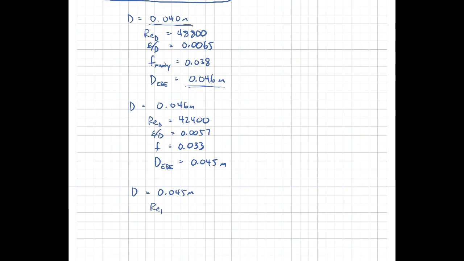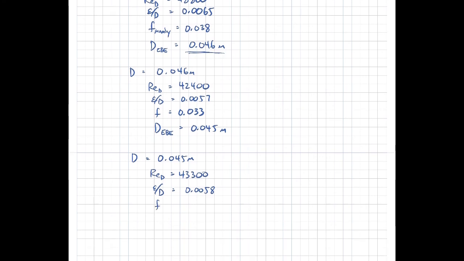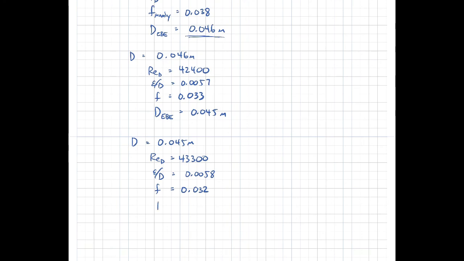And if we solve for that Reynolds number, it's 43,300. Now the relative roughness is 0.0058. That friction factor is 0.032. And then the diameter from the extended Bernoulli equation comes out to be 0.045.